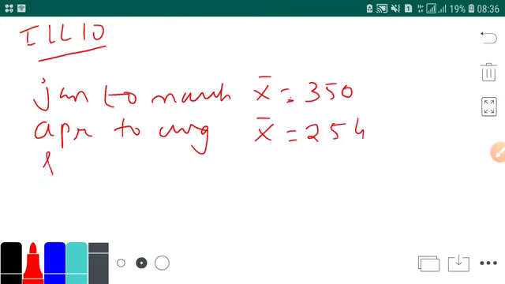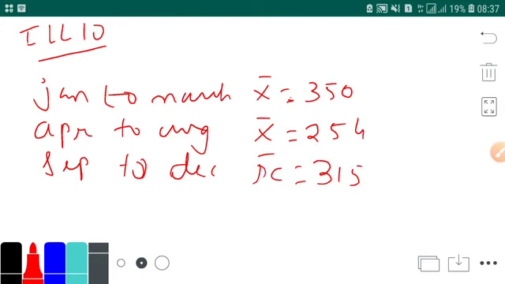Then September to December, mean is 315. Now there are 3 means given to you.